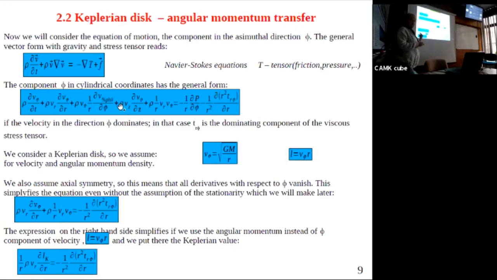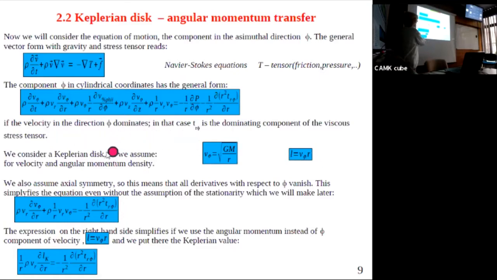But because I made a mistake by typing 2i, the software did not understand what I had in mind, and I did not notice that. This is what happened. So it should be dv phi over d phi.